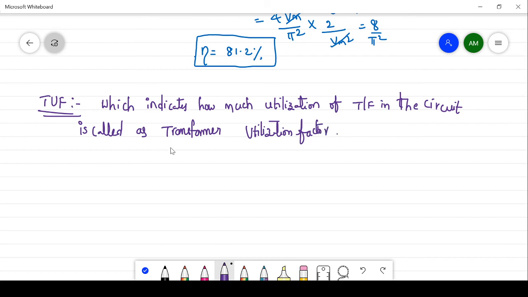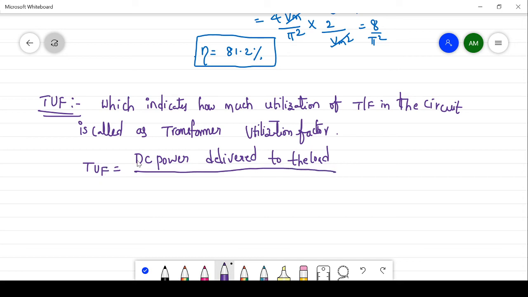Okay, TUF. It is the ratio of the DC power delivered to the load to the AC power rating of the transformer.